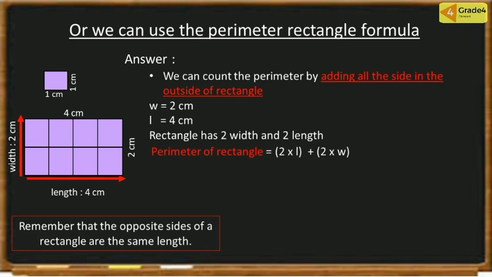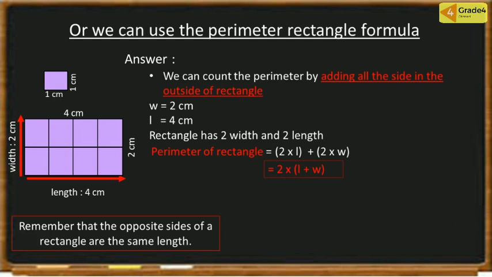Perimeter of rectangle is in the bracket 2 times length plus in the bracket 2 times width. So we can make the simple formula. Perimeter of rectangle is 2 times in the bracket length plus width.